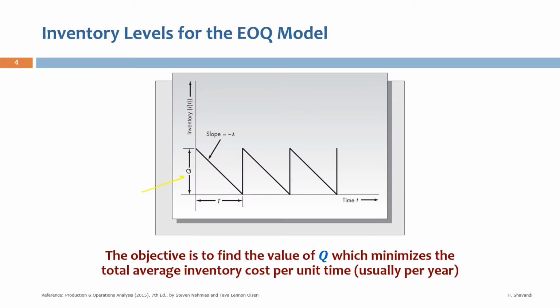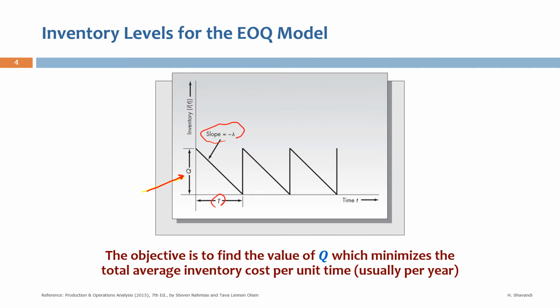Q is the order size, and the capital T is the order period, the time that we place a new order. So every T periods we place a new order, and the slope of this inventory level curve is minus lambda.